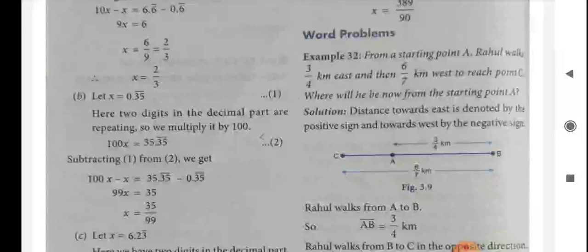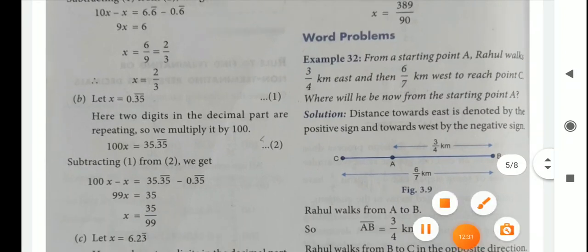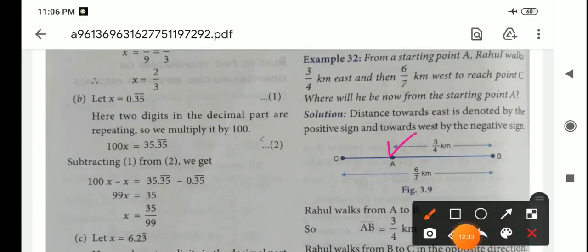Example 32. From a starting point, Rahul walks 3 by 4 km east and then 6 by 7 km west to reach point C. So starting point is A. Then Rahul walks A to B. How much? 3 by 4 km.